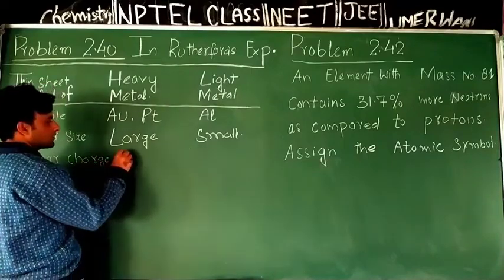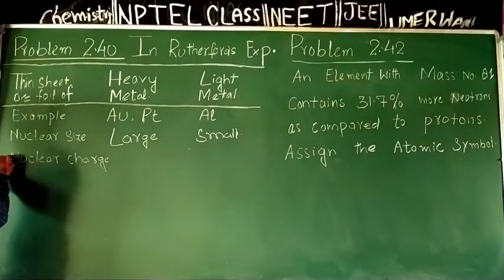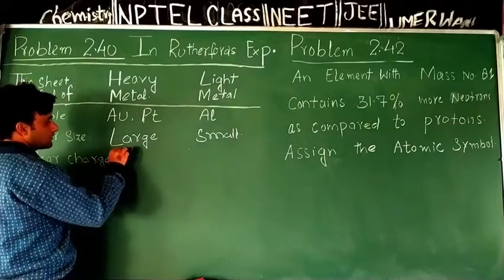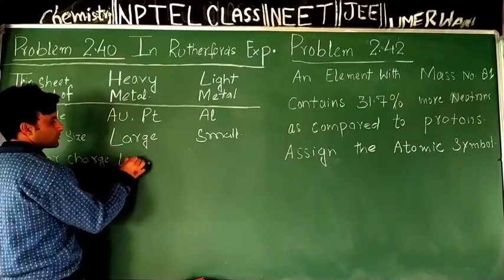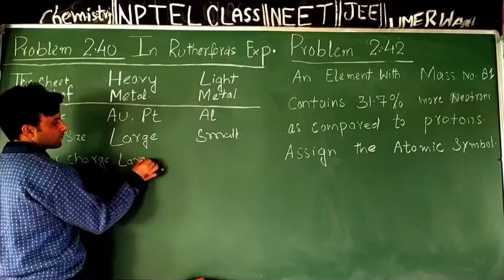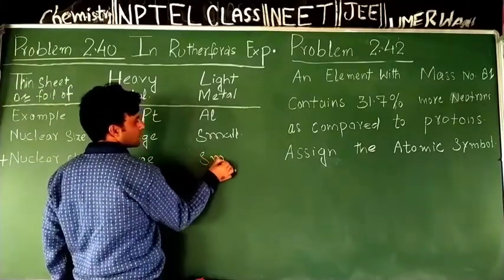So positive nuclear charge here will be large because of greater number of protons in nucleus of gold and platinum atom. Positive charge here will be small.